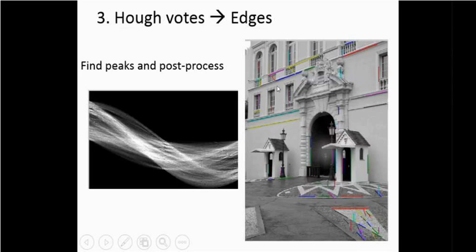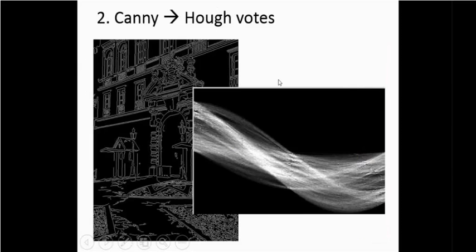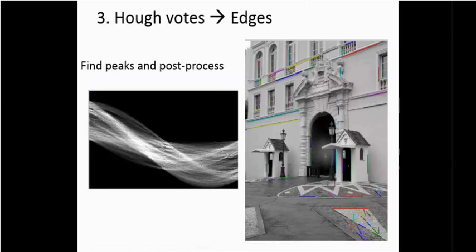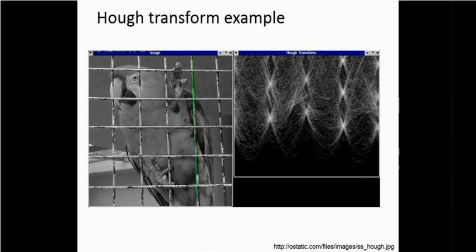The reason that you get lines like this is that I wasn't using the orientation of the edges. It's true that you can pass a line through this diagonally and hit many points, so it's not accounting for contiguity. Here's another example where each of these peaks will correspond to one of the bars on the parrot's cage.